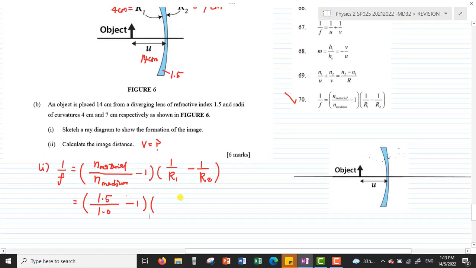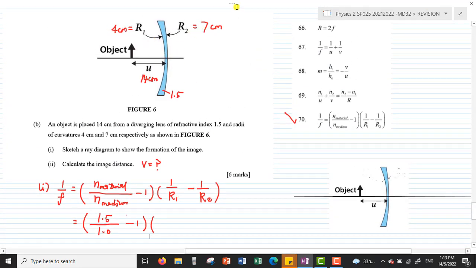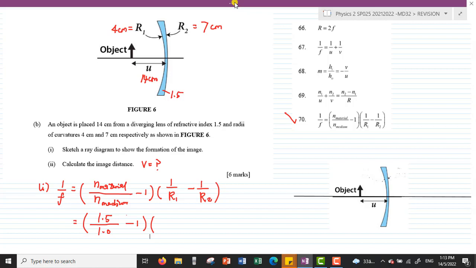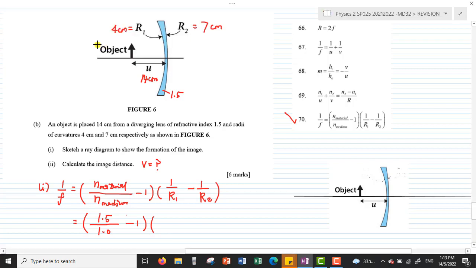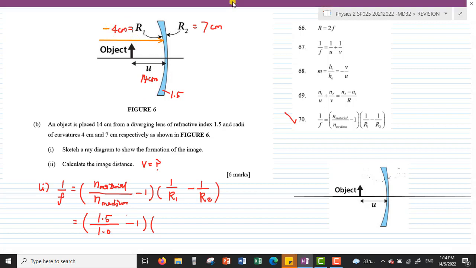So how am I going to determine whether R1 and R2 are positive or negative? I have to check whether the surface is convex or concave. The light ray always comes from the front side. Seen from the front side, when the light ray strikes the first surface, the surface curves inward. It's a concave surface, so our R1 will be negative. Same goes for R2.